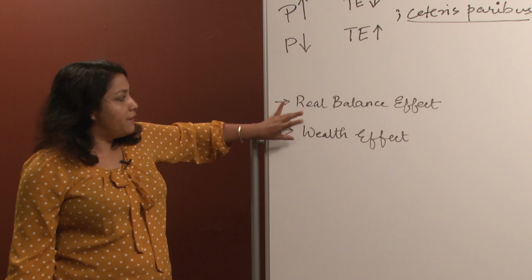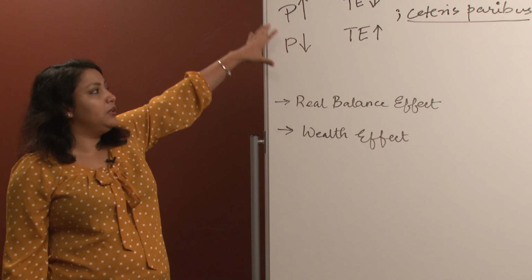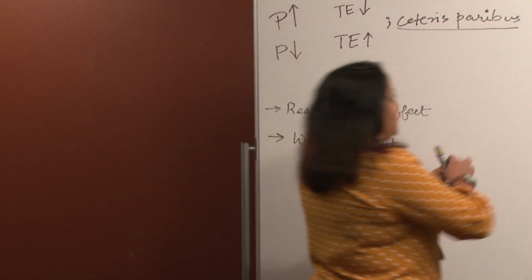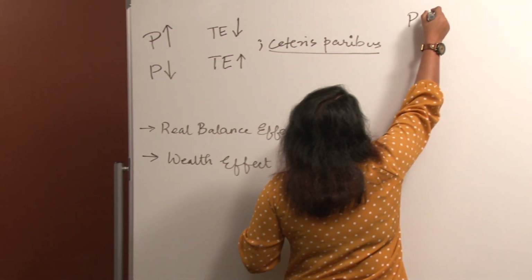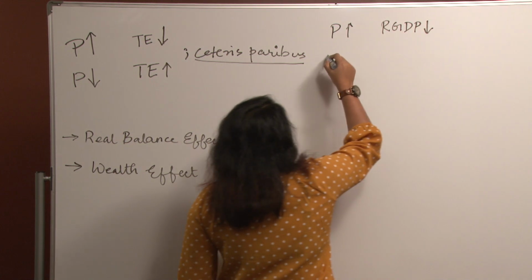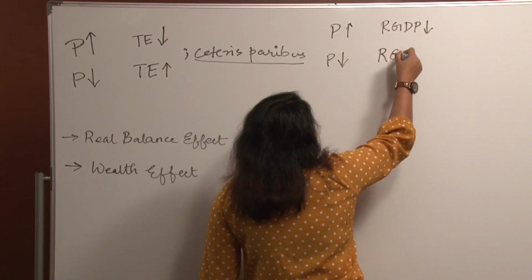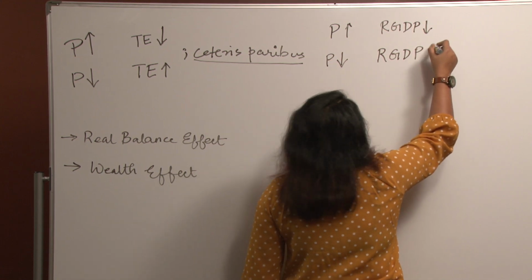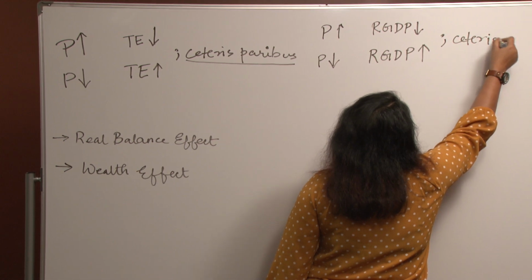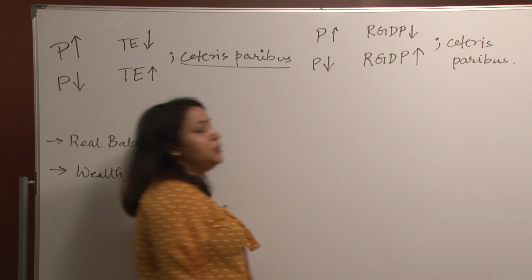So, these two effects basically explain the inverse relationship between the price index and total expenditure, and hence that explains the inverse relationship between price index and real GDP, because I told you that total expenditure kind of lies in the middle. That is what kind of connects real GDP and the price index. So, whatever relationship you have for total expenditure will be true for real GDP as well.